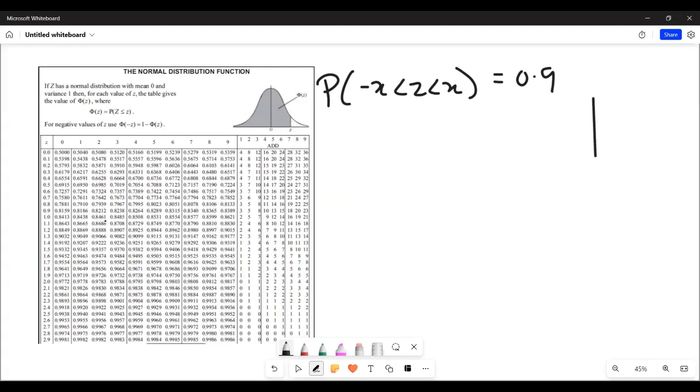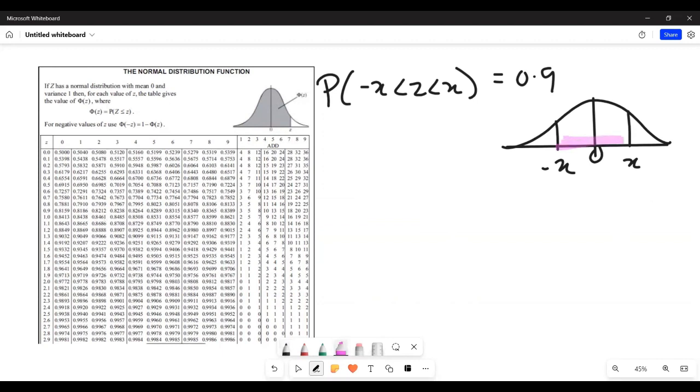So now we shade towards the left and the right of 0. So positive x would be somewhere over here, negative x would be somewhere over here, and this region has probability of 0.9. Okay. These bars, in fact, should be pretty close to the ends because 90% area is being covered. Somewhere over here.